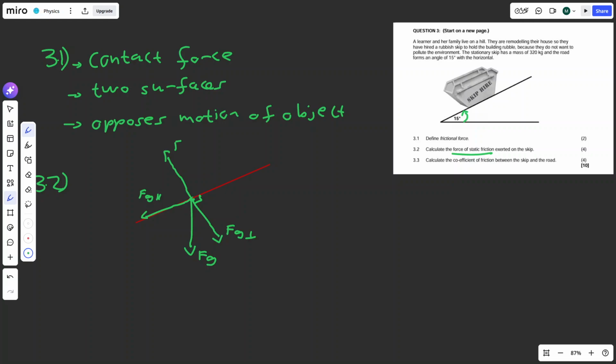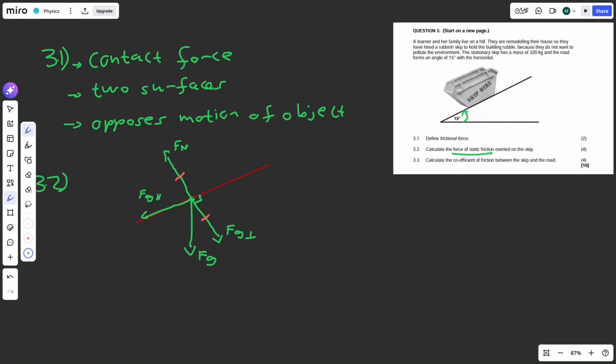We can call it FN, or simply N for normal. What you need to keep in mind is that the magnitudes of the normal force and the perpendicular component of the force of gravity are the same. So now we have our free body diagram.